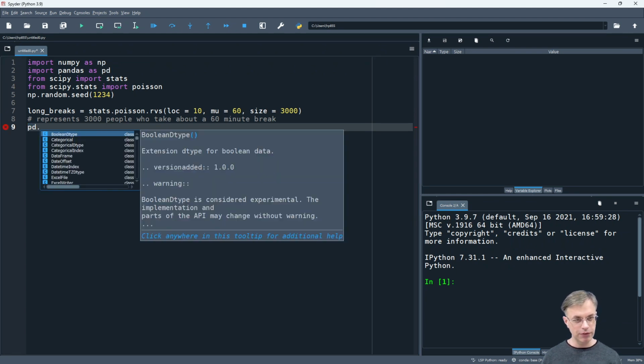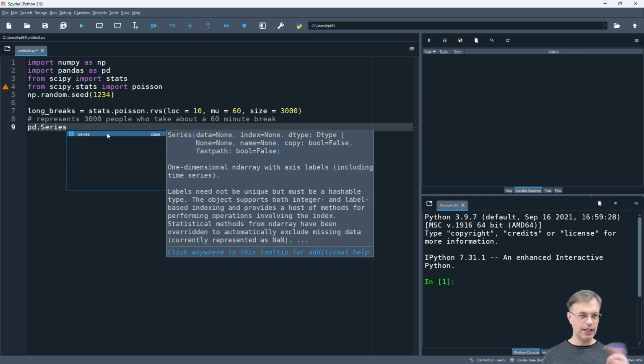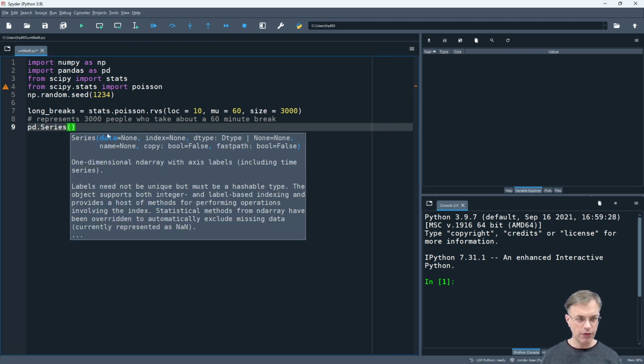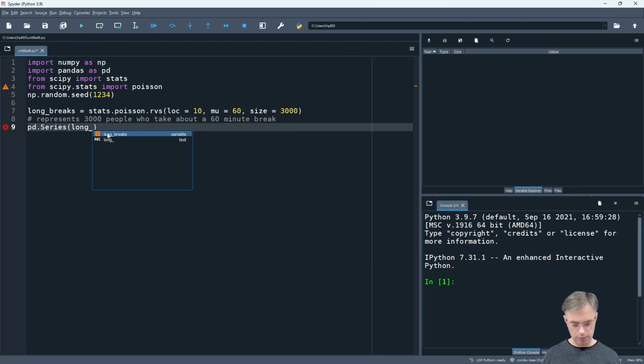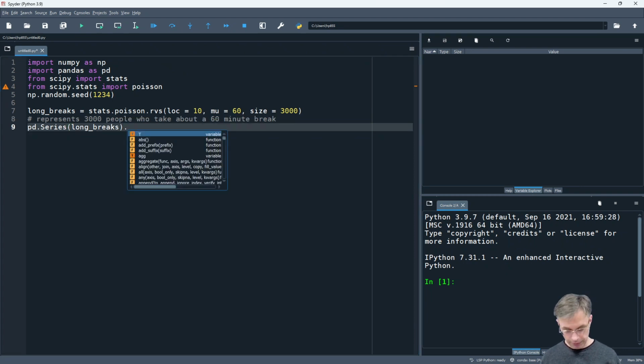Probability density function, isn't it? It's a pandas Series, and actually Poisson goes with PMF as I remember. So probability mass function, long breaks, and histogram. Yeah, so not history, but histogram.